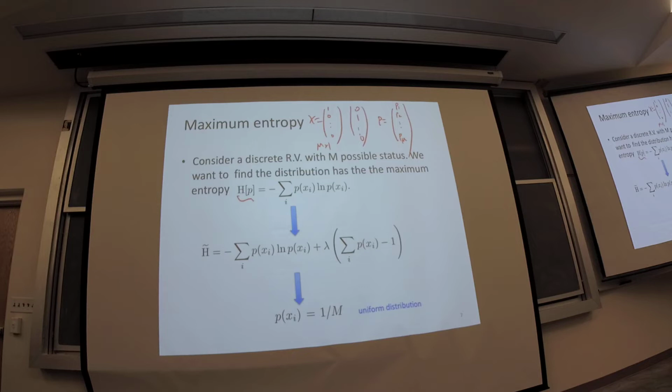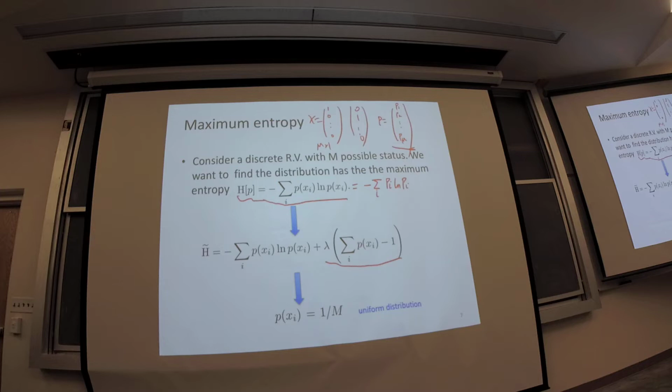According to the definition, the entropy can be rewritten as minus the summation over i of pi times the logarithm of pi, where pi is the probability of x taking the ith value. Because this is a probability vector, we also require that the summation of all the probability values be 1. So to maximize entropy, we need to add this constraint, and we use the Lagrange multiplier.